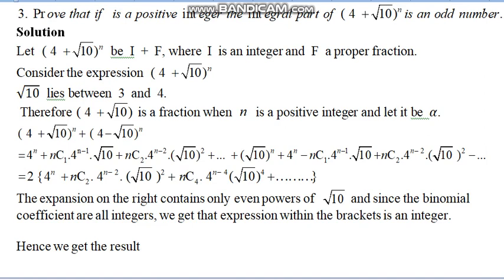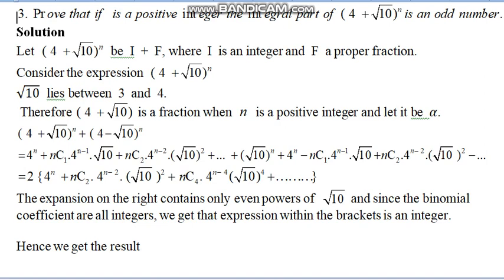Consider the expansion. Root 10 lies between 3 and 4, that we know, because the square root of 10 is 3 point something, right? Therefore 4 plus root 10 is a fraction when n is a positive integer, and let it be alpha. So now (4 plus root 10) the power n plus (4 minus root 10) the power n we need to take.